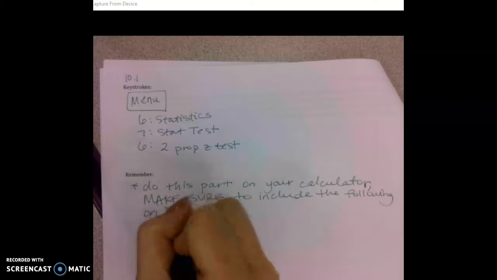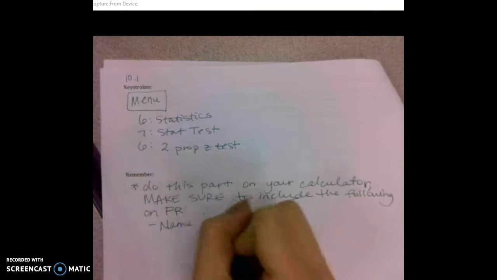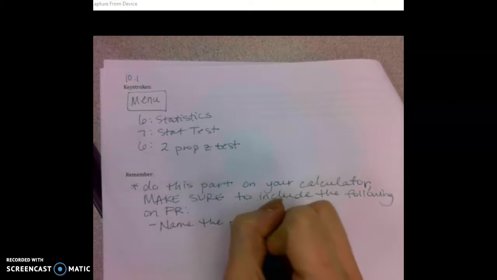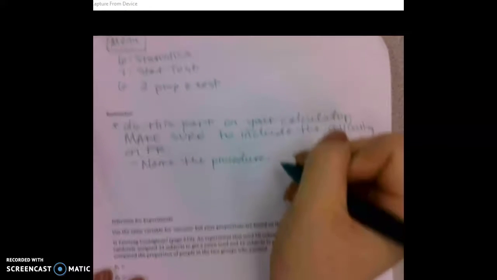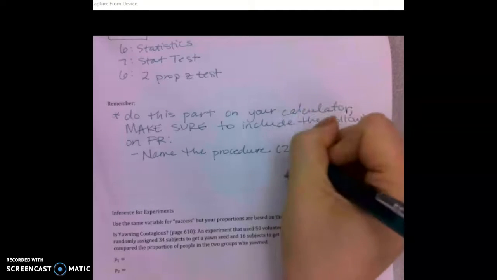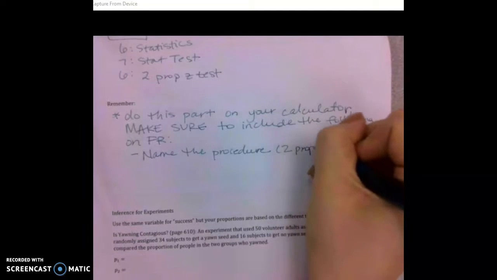You need to name the procedure, which is the two-proportion z-test.